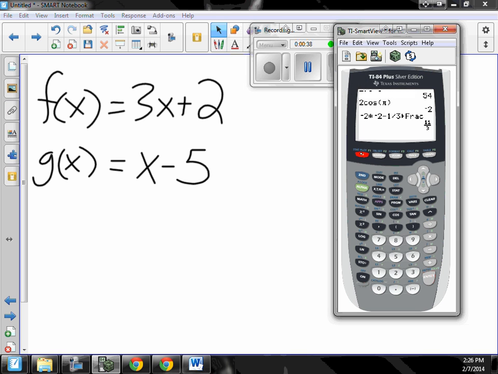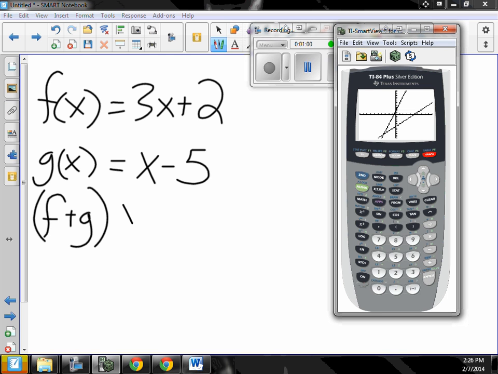So I'm going to graph these: 3x plus 2 and x minus 5. So the addition of those, f plus g of x, would be 3x plus 2 plus x minus 5.